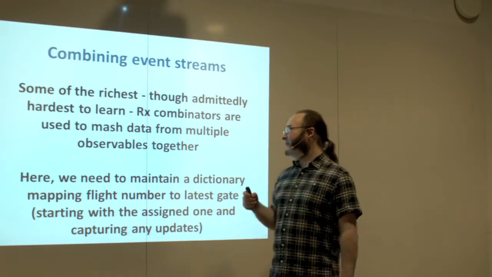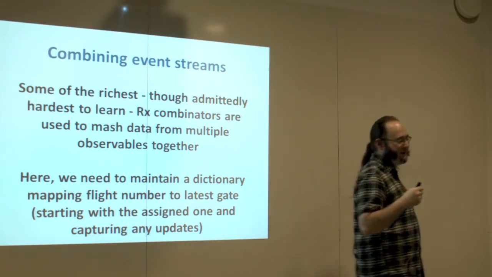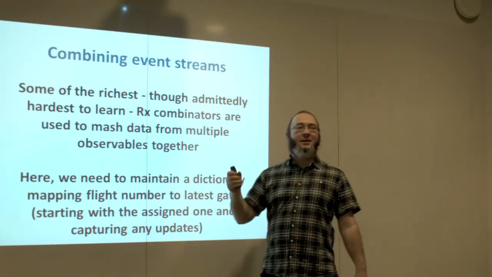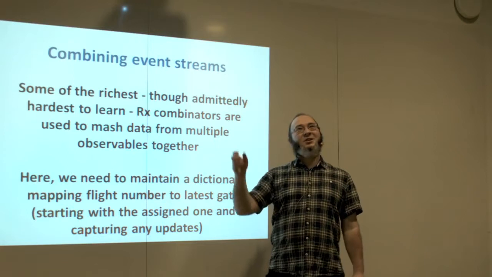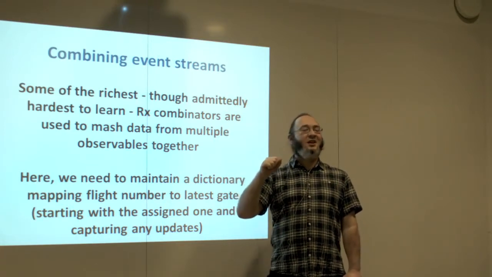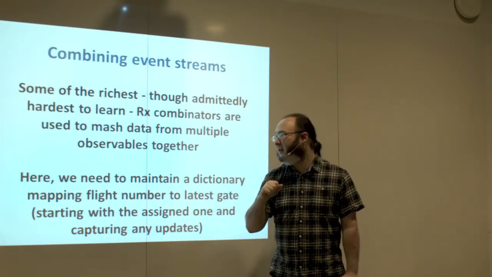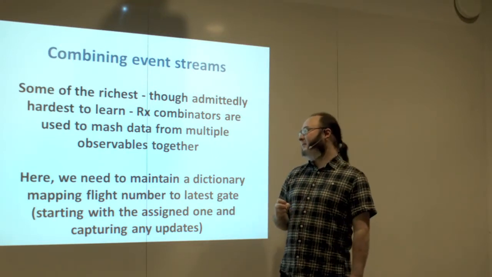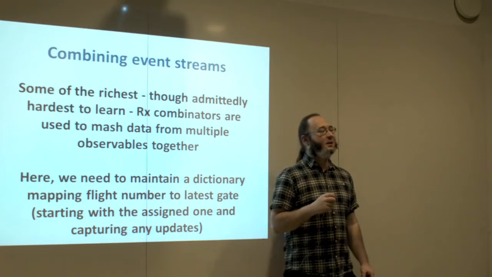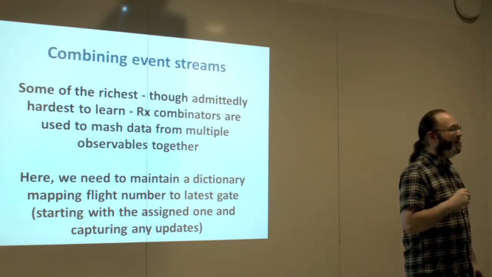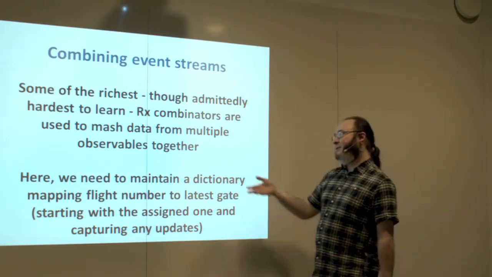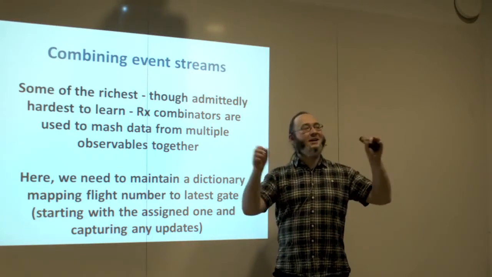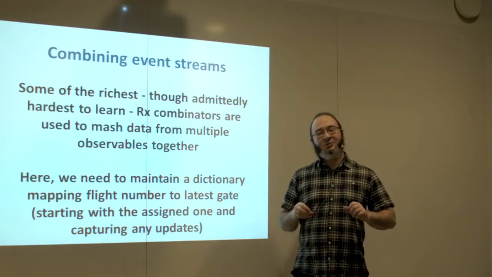Well, basically, what we want to do, if we think about it data structure-wise, is maintain a dictionary, a lookup table. So every time we find that a gate has been assigned or a gate has been changed, what I'd like to do is just shove it into a dictionary. Now, this sort of jars a little bit with Rx because as soon as we start dealing with dictionaries which are mutable and we're dealing with streams of things happening asynchronously, it's sort of asking for trouble.